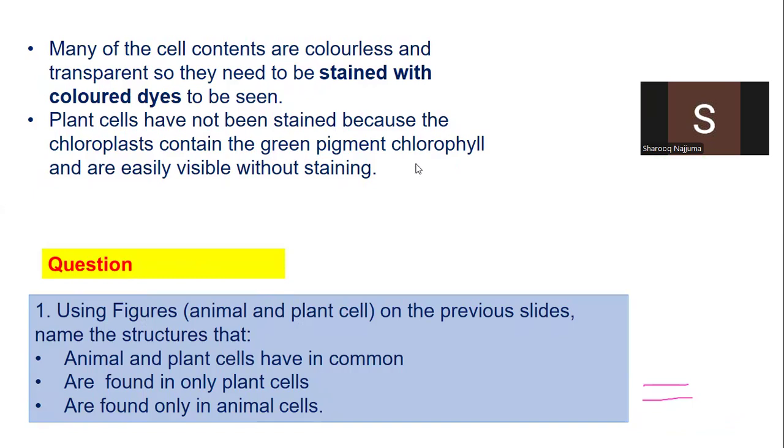A microscope works in a way that if this is the specimen to be observed, when light is trying to pass through that specimen, the structures inside this cell have to be able to obstruct that light. If they obstruct the light, then an image can be made.